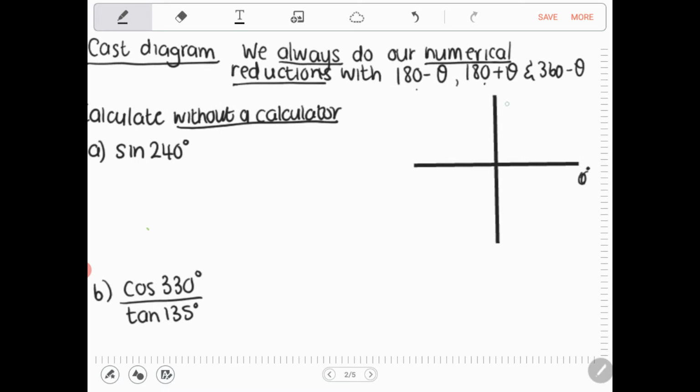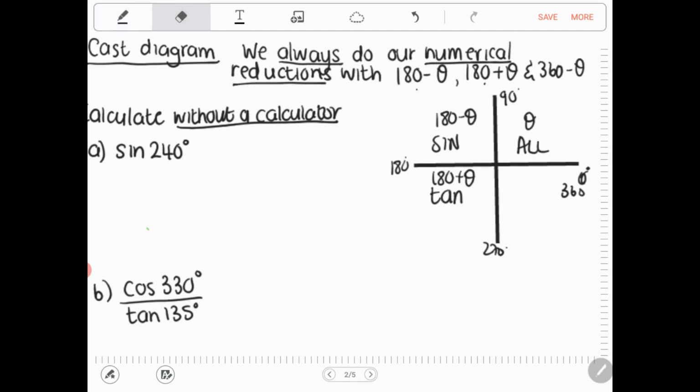This is 0, 90, 180, 270, 360, where sine is positive here, tan is positive here, and this is 180 plus theta, and cos is positive here, and this is 360 minus theta. So these are the ones we use for numerical reductions.